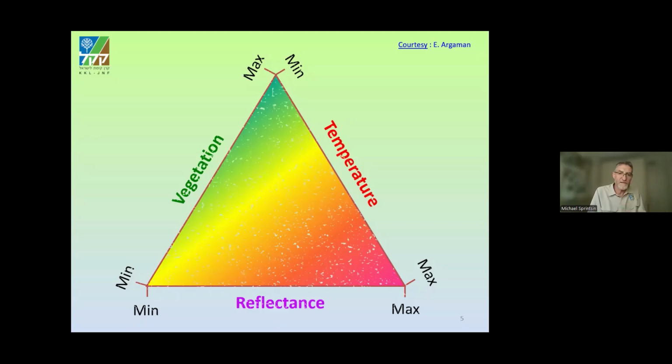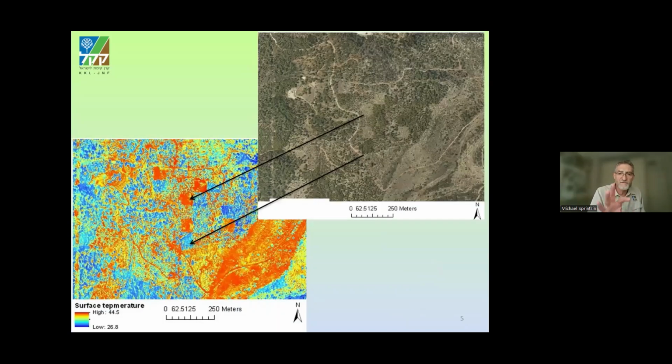And this is just an example of how the relationship between biomass, or vegetation cover if you like, and temperature works. We see here on the upper right an aerial photograph of one of our forest sites, with different surface features, clearings or more dense areas here.